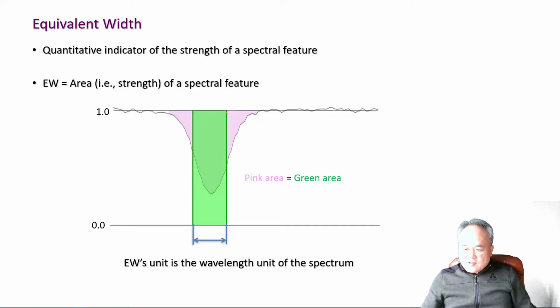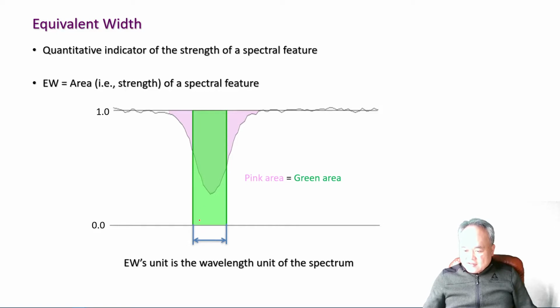This rectangular shape has a height of 1, but a varying width, and that width is the equivalent width. This rectangular area should be the same as the area defined by the spectral feature of interest. So the pink area is the same as the green area.